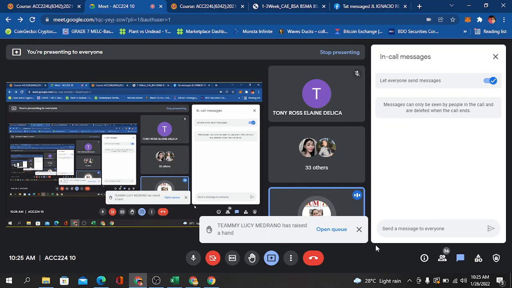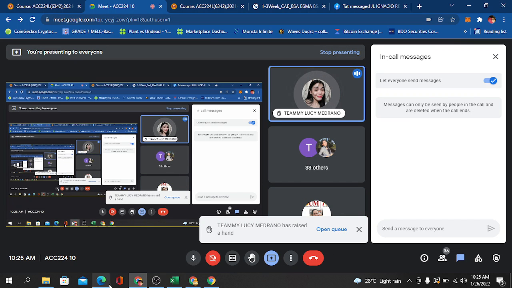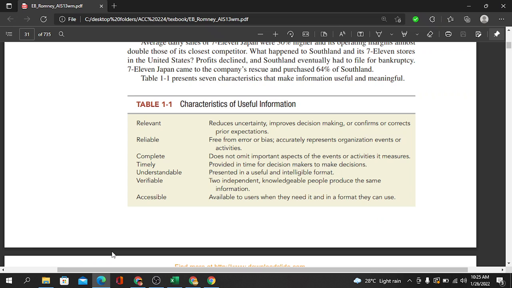Good morning po. I think po any of the qualities of the useful information, if missing ang isa talaga ma'am, all the information would be invalid or unuseful, because if one of these is not present in the information, it weakens the information.